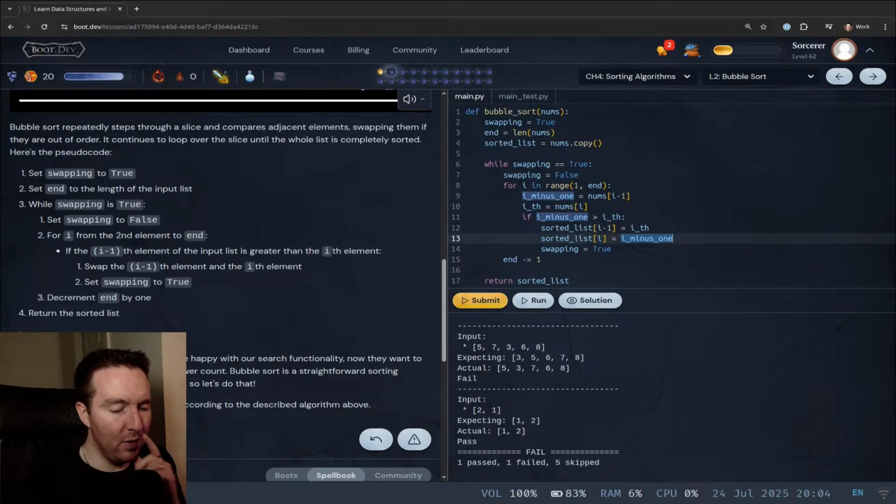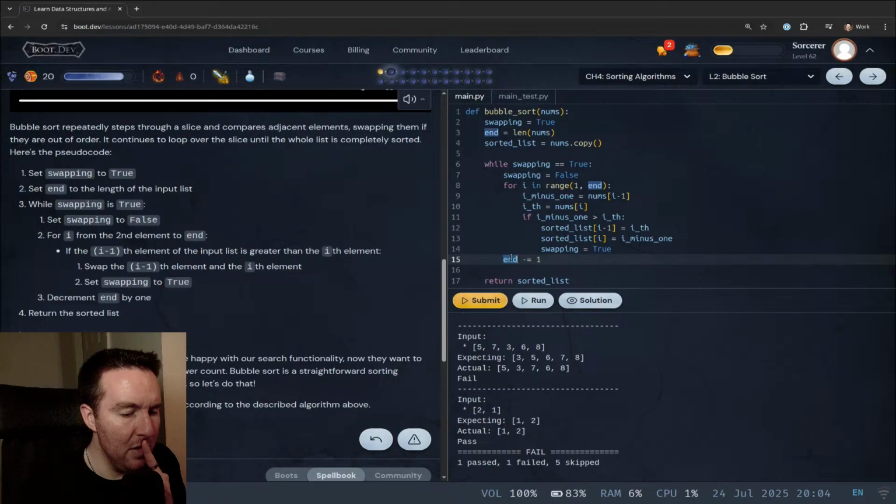But I guess it never goes back to... what's end for? Decrement n by 1.